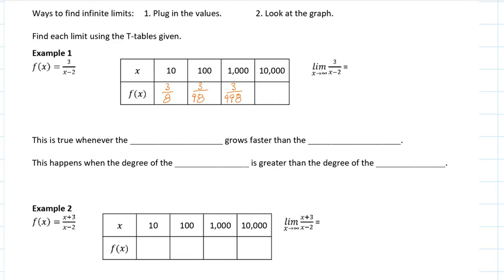I plug in 10,000 and I get 3 over 9,998. So the denominator is getting bigger and bigger and bigger, but the numerator stays the same.